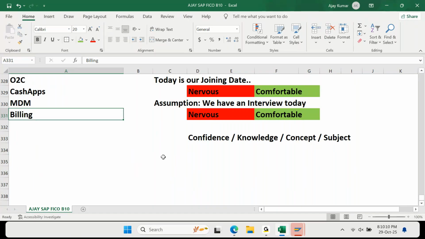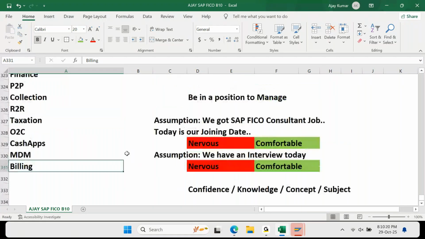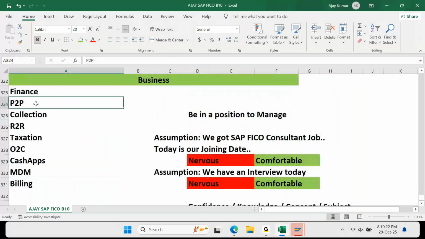When I say individual contributor, nobody will work on your behalf. If you are working in BPO, in this kind of domain, P2P, R2R and all, if somebody is on leave today, his or her work will be shared by their team, right? Correct or not? Yes. Correct. But as a consultant, if you are not there today, nobody will do it.